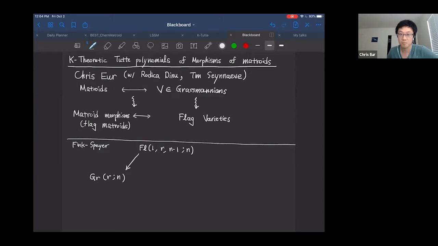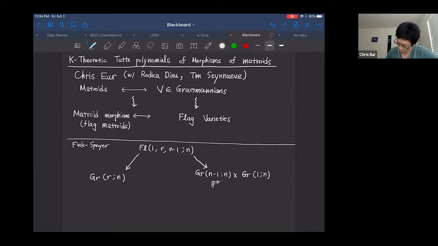I have the obvious forgetful map where I just forget the line and the hyperplane and keep the data of the r-dimensional plane, and that's the map to the Grassmannian. And then I have a similar map to the Grassmannian of n-1 in n, where I forget everything but the hyperplane. Also the other Grassmannian, 1 in n, where I forget everything but the line.